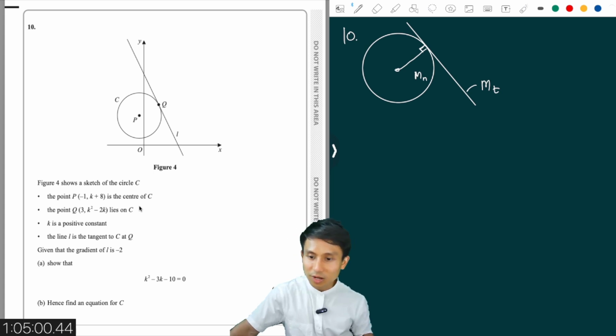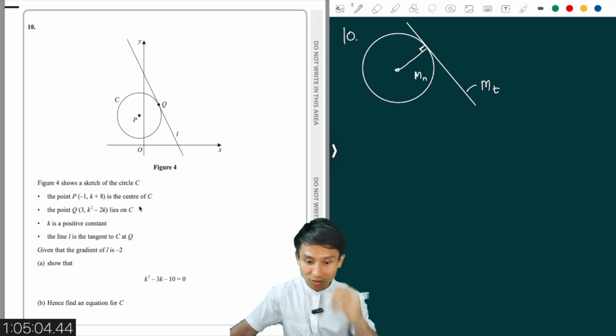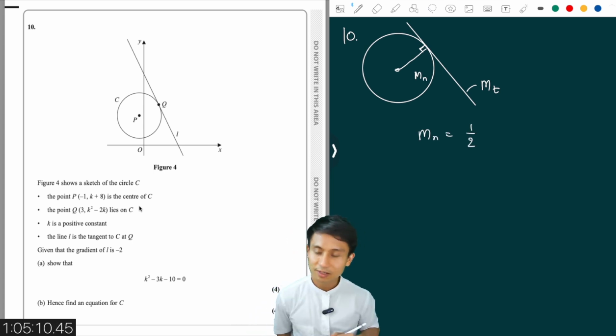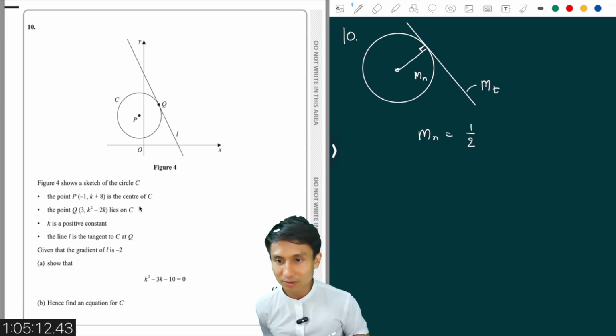So if the gradient of the tangent is -2, the gradient of the normal, which is the radius line, is 1/2, because they multiply to give -1.